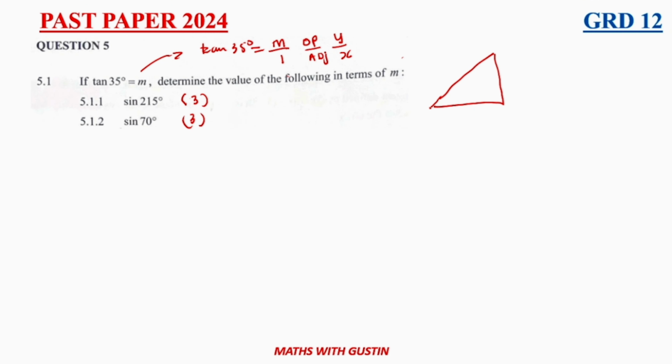This is y, and this is our x here, so 35 is here. That's our angle, and y is m. Y over adjacent, which is 1, so r is unknown, and we are going to have to look for r in this case.